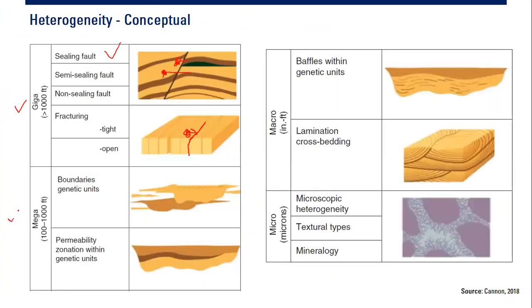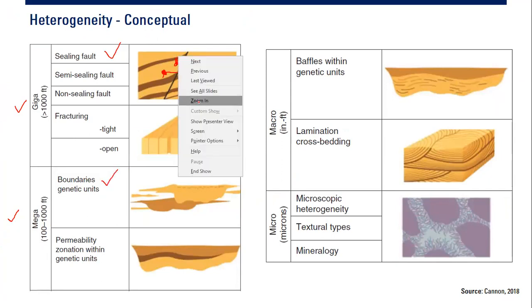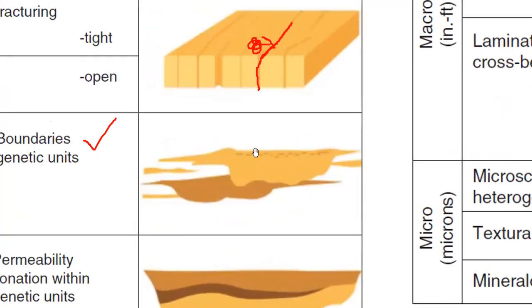And now mega scale, from 100 feet to 1,000 feet, can be due to boundaries of genetic units. You just have two reservoirs or many reservoirs with different units, different boundaries. So they are just different reservoirs. Like here, this reservoir, and this is another reservoir. If you move from this reservoir to that reservoir, you will find properties that are very, very different.